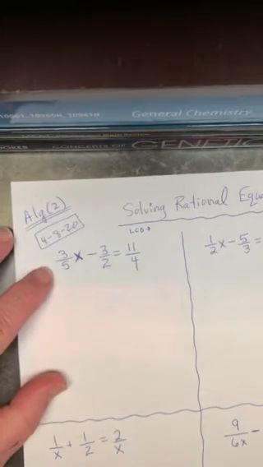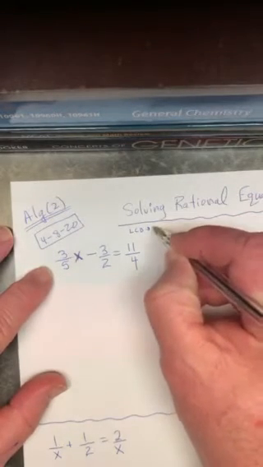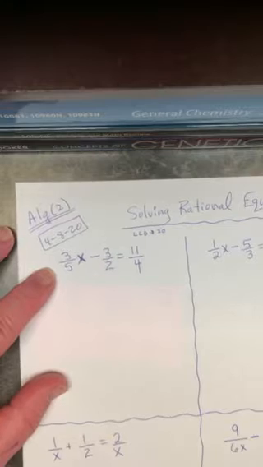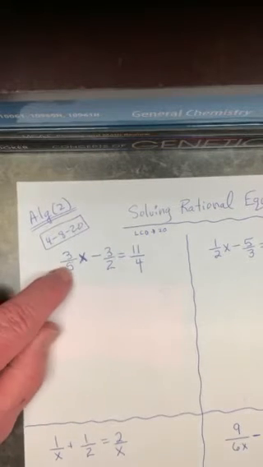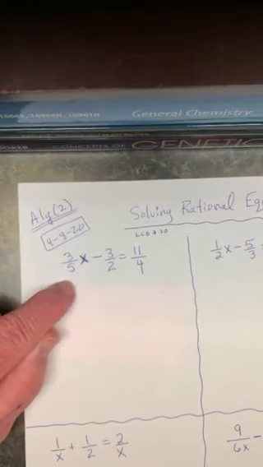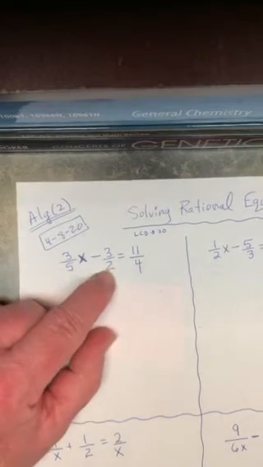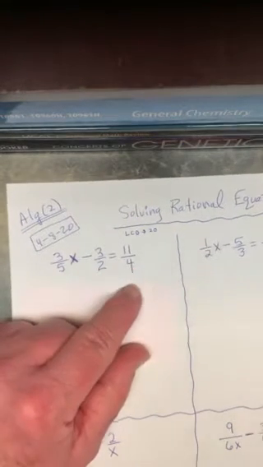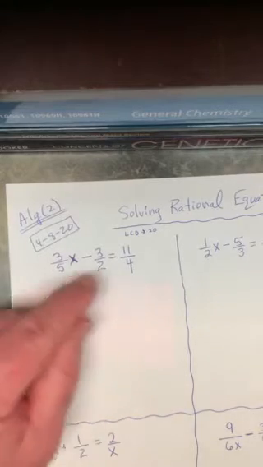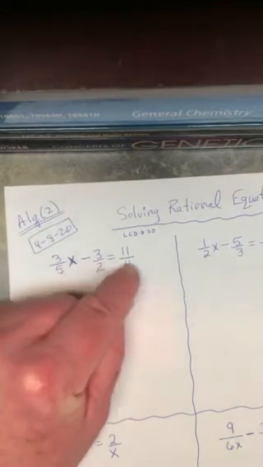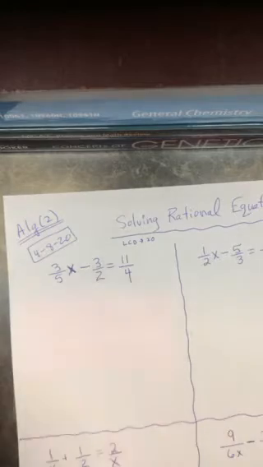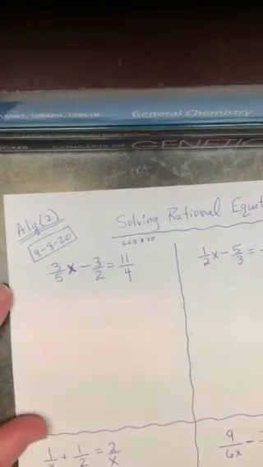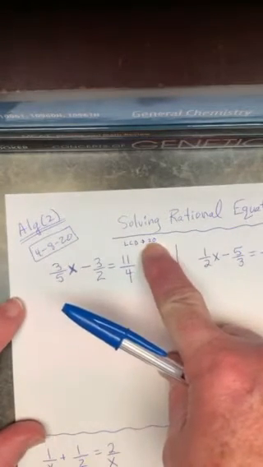Would you agree that the least common denominator would be 20? Think about it. 5 goes into the number 20, 2 goes into the number 20, and 4 also goes into the number 20. So since 5 and 2 and 4 all go into the number 20, 20 is our least common denominator.